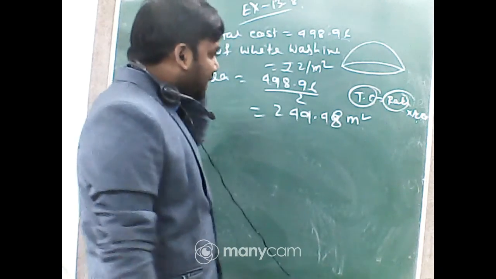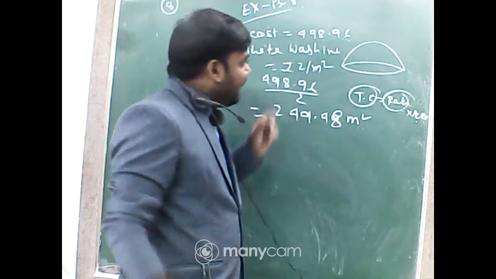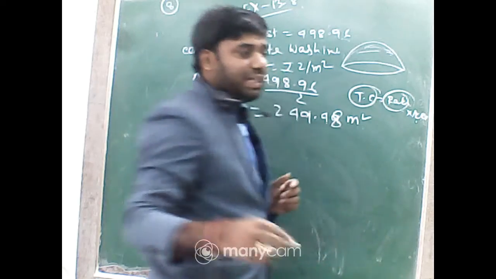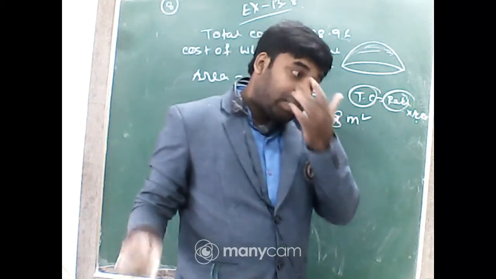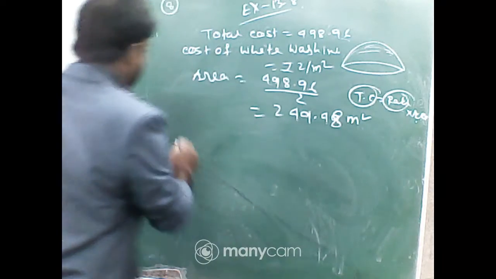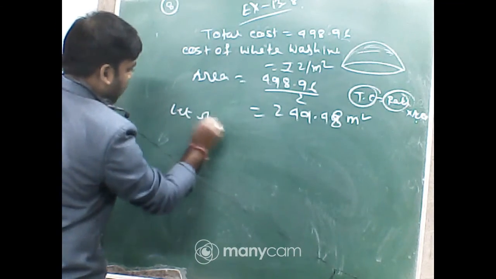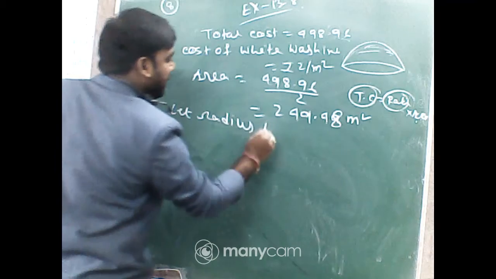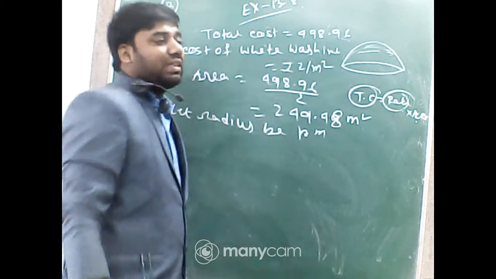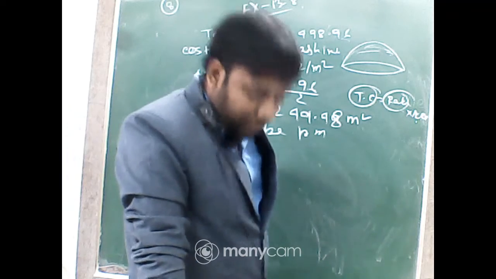It means that is the inside surface area. And what is the formula of inside surface area? I don't have the radius, so let the radius be r meter. So what will be the surface area?